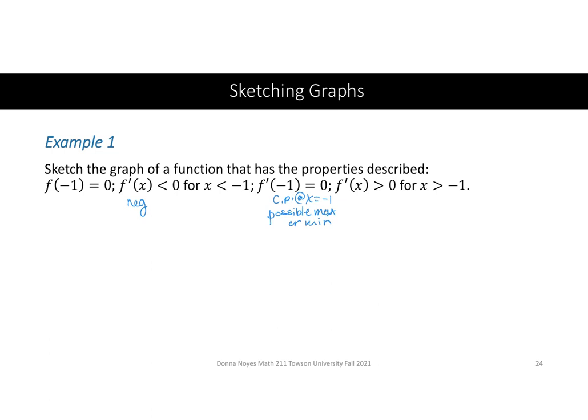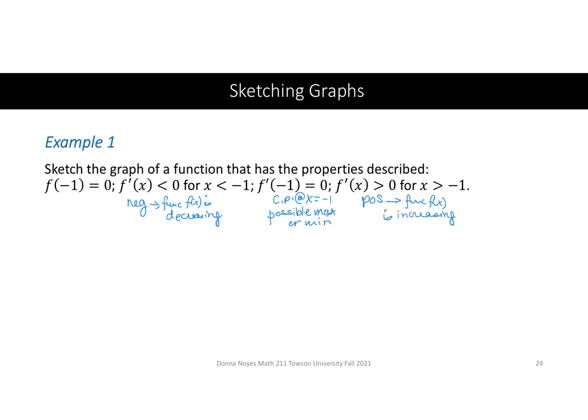And then we have f prime of x, our derivative, is positive, greater than 0, for x greater than -1. So where our derivative is negative, our function f of x is decreasing. And we also know where our derivative is positive, that means that our function f of x is increasing.